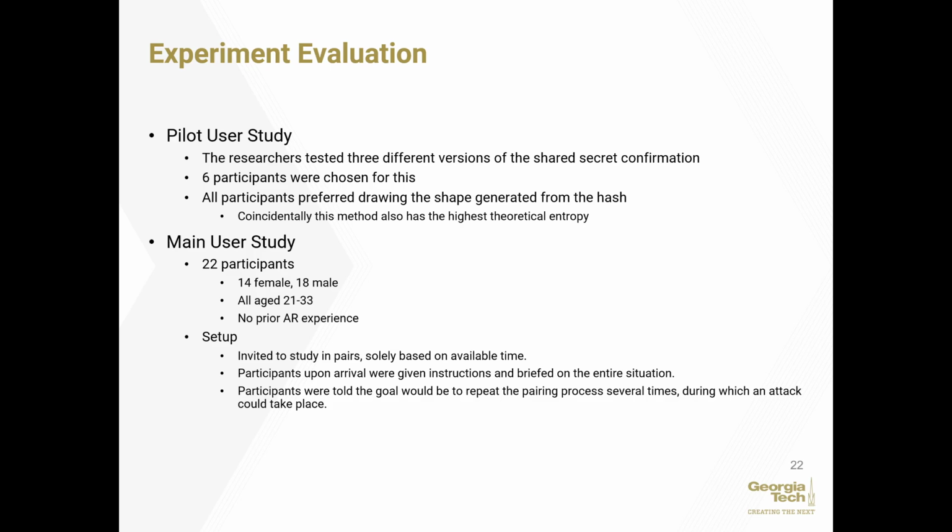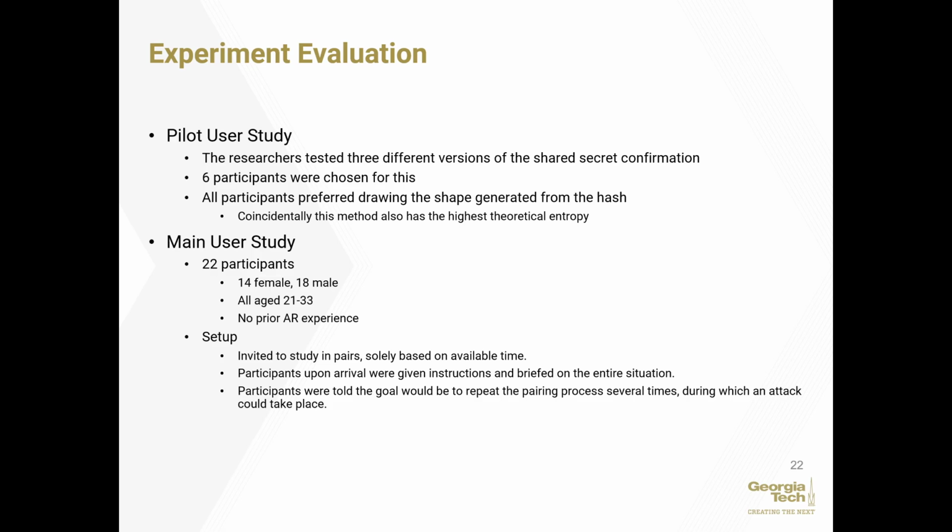In the pilot user study, the researchers tested 3 different versions of the shared secret confirmation. 6 participants were chosen, and all 6 actually preferred drawing the shape generated from the hash. Coincidentally, this method also has the highest amount of theoretical entropy of the 3 proposed solutions for verifying the shared secrets.